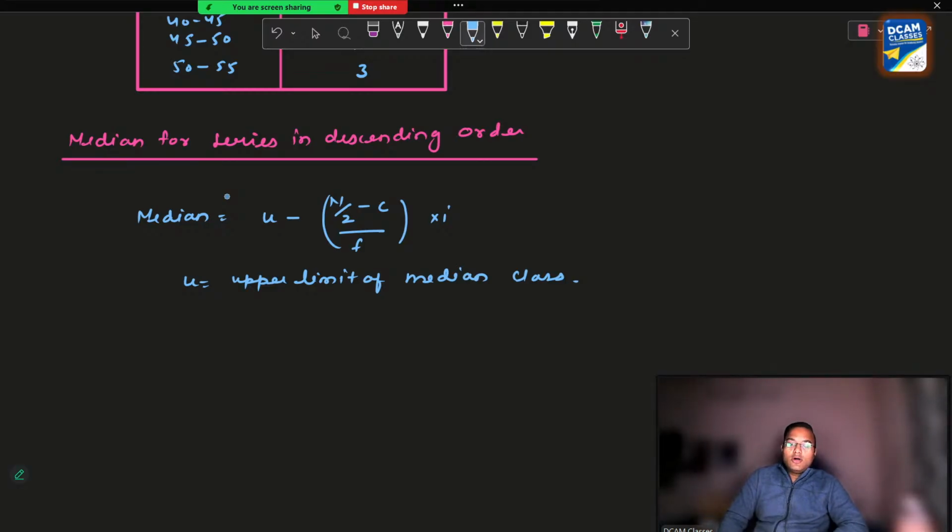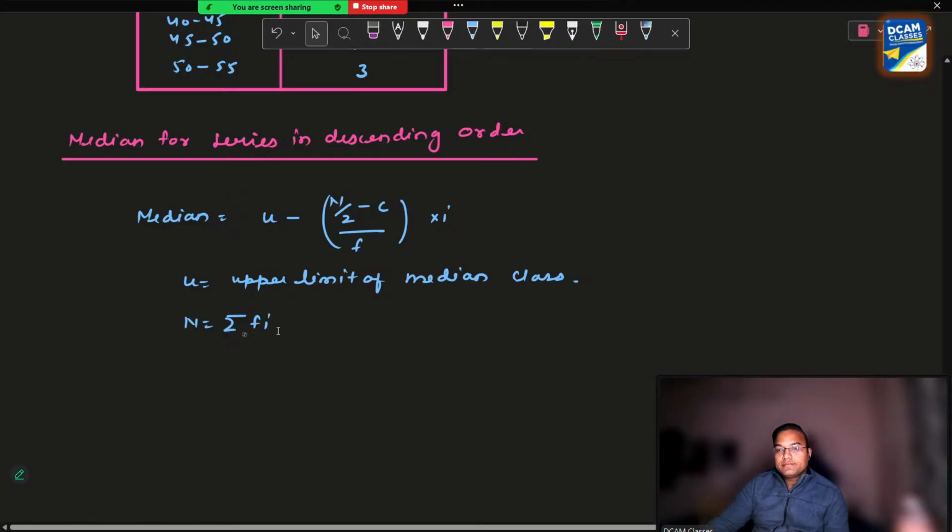If it is odd, use the formula n plus 1 by 2. If it is even, use the other formula, and then find the median class. After finding the median class, take its upper limit as u, and you know it is sigma fi, and the rest are all the same.